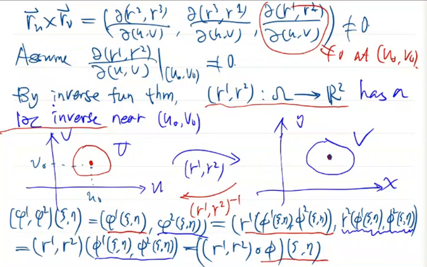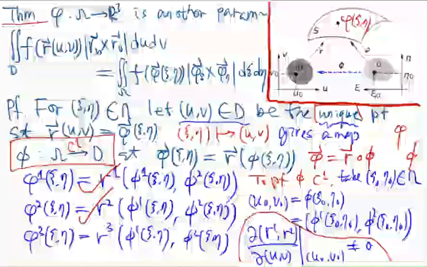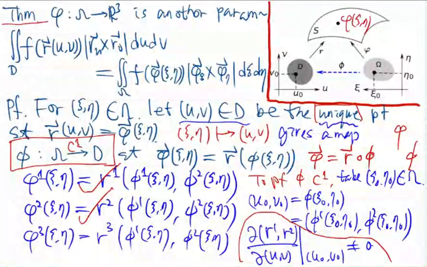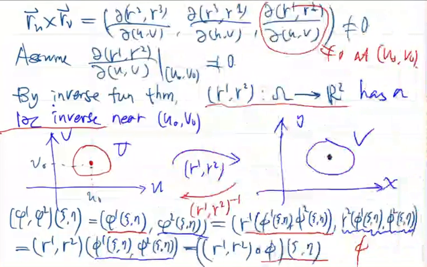We want to prove that our map phi is C1. So we take an arbitrary point cos 0, eta 0 in omega. Then we make the above discussion.